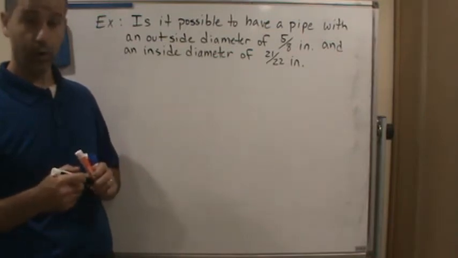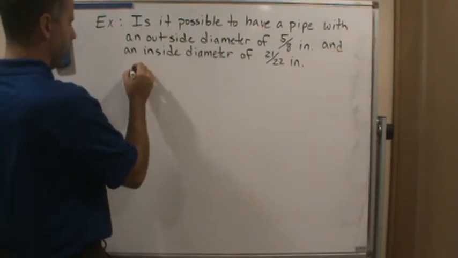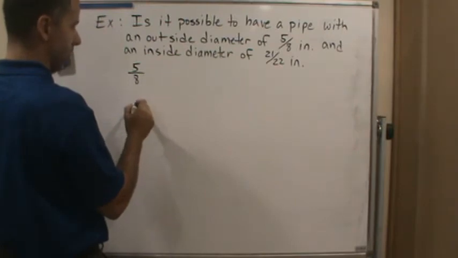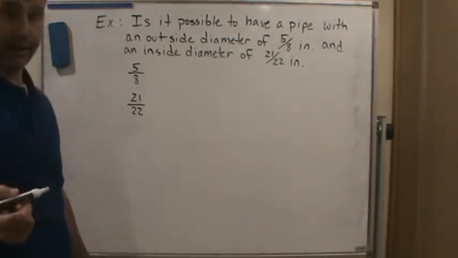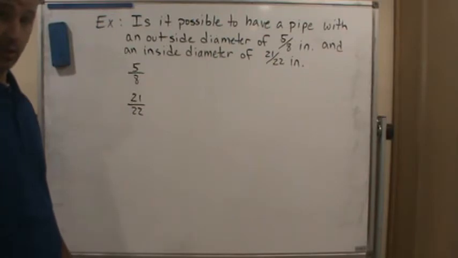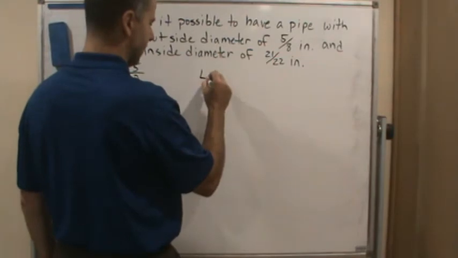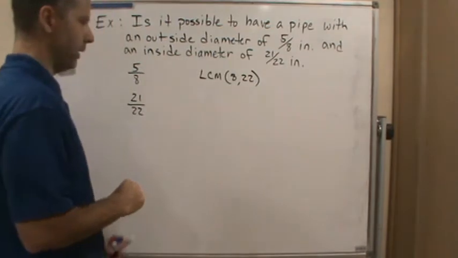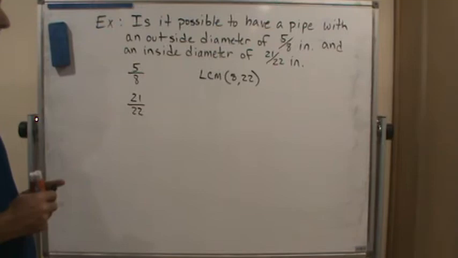So we need to find the least common denominator for 5/8 and 21/22, which is the least common multiple of the denominators. So we need to find the LCM of 8 and 22, the smallest multiple of both.